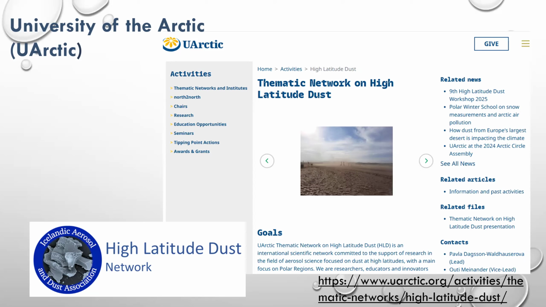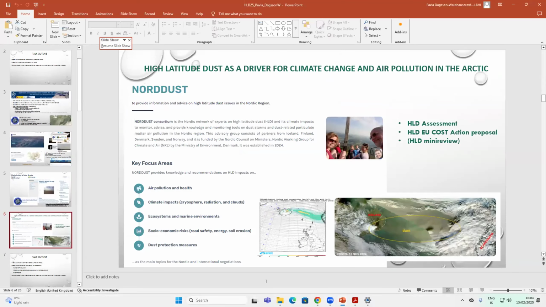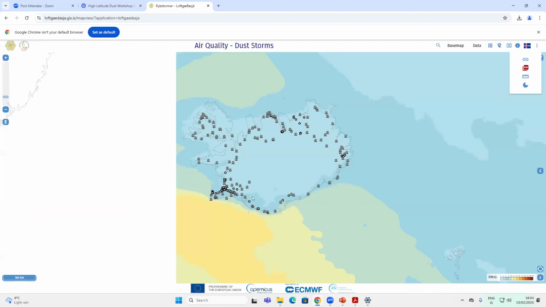I also wanted to show one more thing, which is the Load Guide Xiao map, because we are really keen on input about what this map should involve in terms of dust, but also other air pollutants.